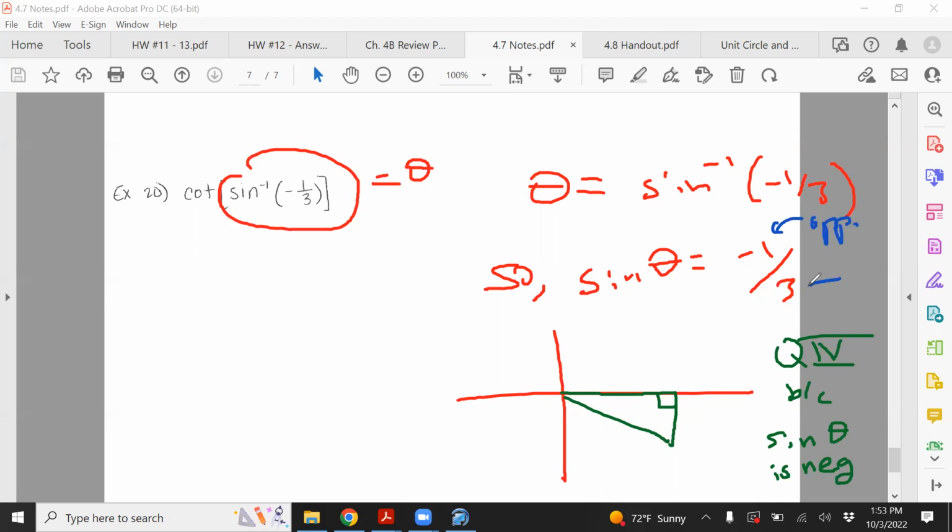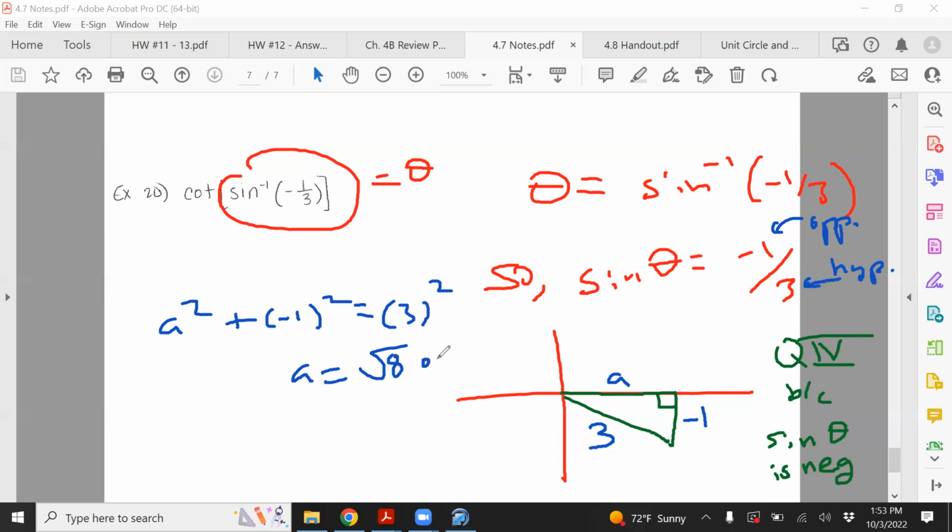Remember that's opposite. That's hypotenuse. So where's the -1 go? The vertical side? Where's the 3 go? Hypotenuse. And we'll call it A. What do you get for A when you work it out? Very good. Or 2√2.